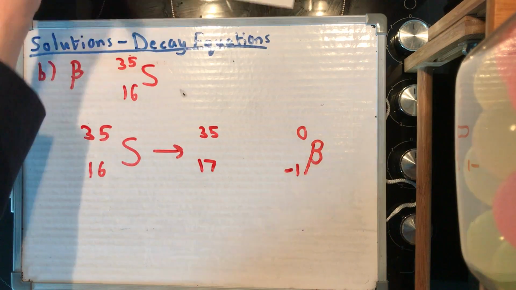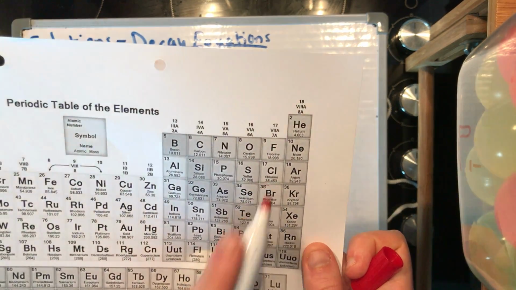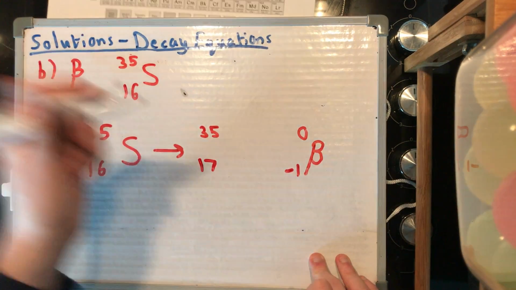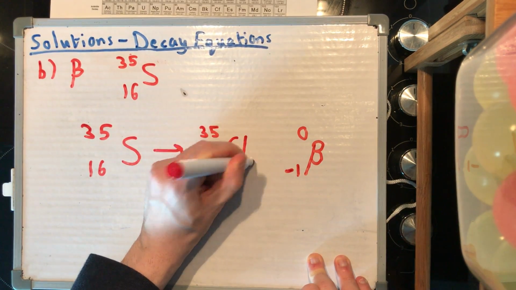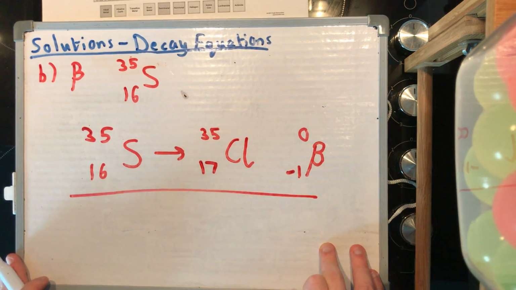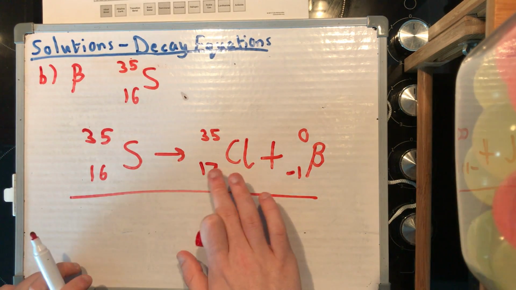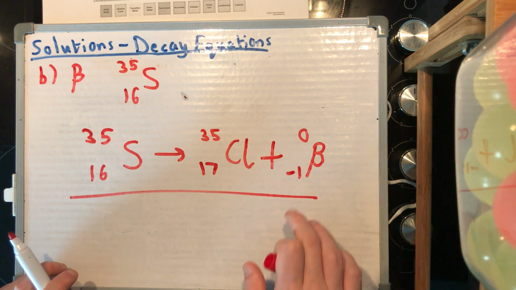So we need to look for the atomic number 17. 17 is chlorine. It's a little bit small probably for some of you on mobile, but Cl. And that is the answer to that one. Oh, hang on, plus: 35, 17 Cl plus 0, -1 beta.